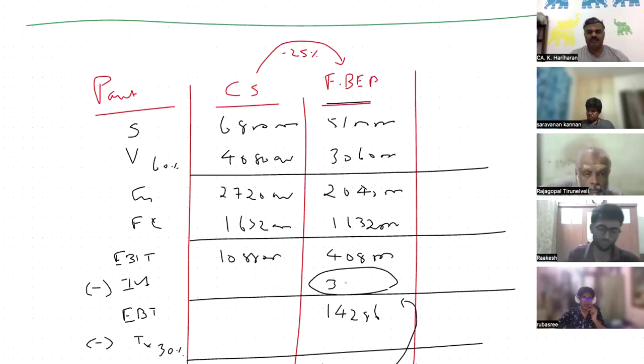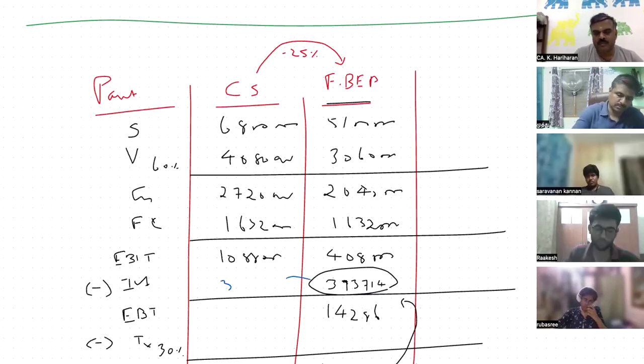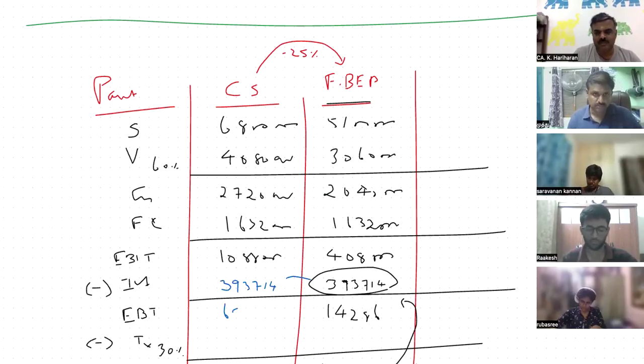Therefore, EBT comes to how much for the current situation? 6 lakhs 94,286. 30% tax gone. Remaining 70% is equal to 4 lakh 86,000.